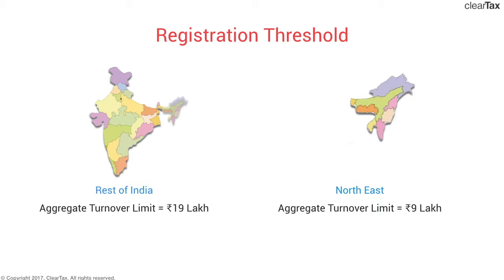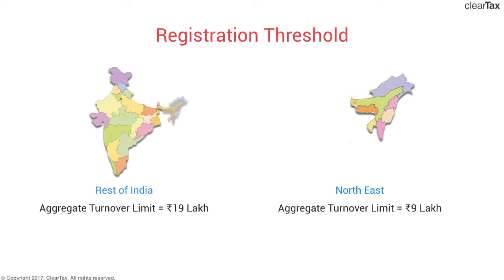So if a taxpayer's aggregate turnover is 19 lakhs or more, or 9 lakhs or more respectively for rest of India and Northeast India, he is liable to get registered under GST. We know that being registered is one of the conditions for claiming input tax credit. Non-registered dealers will not get input tax credit claim.